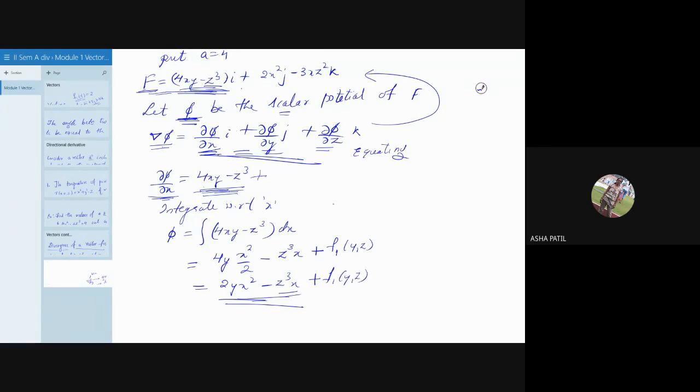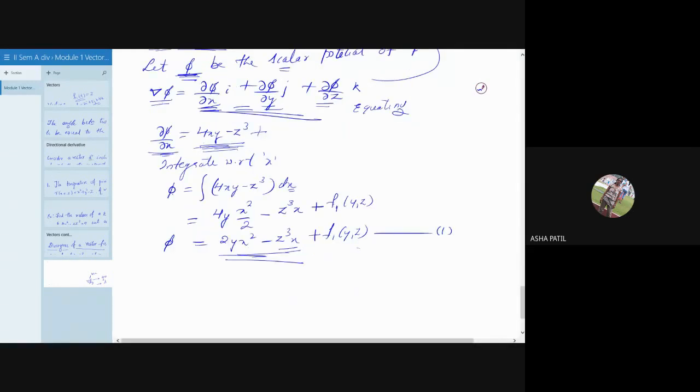Whenever you integrate with respect to one variable, add the constant as a function of the other two variables. Now, this is our phi. Let me call it equation 1. Now, again, we'll go for equating the j component.